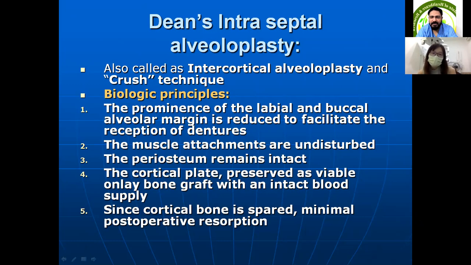The muscle attachments are undisturbed. The periosteum remains intact. The cortical plate is preserved as a viable bone graft with an intact blood supply. Since cortical bone is spared, minimal postoperative resorption is there.